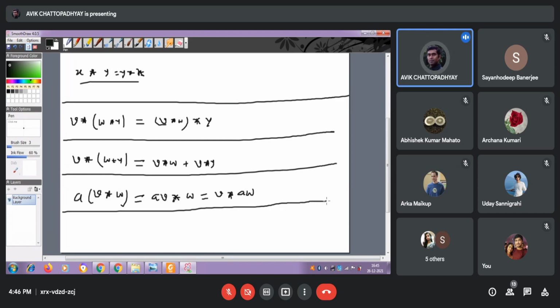The fifth one would be your time invariance nature. I think I have already discussed that if one of the signals is shifted by some amount, then obviously after doing the convolution, the convolved signal will be shifted by the same amount.